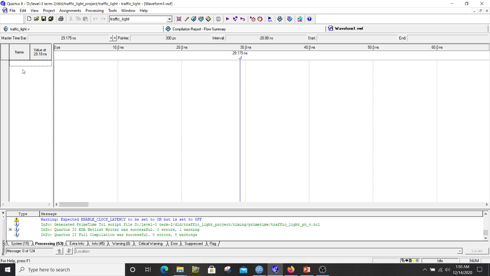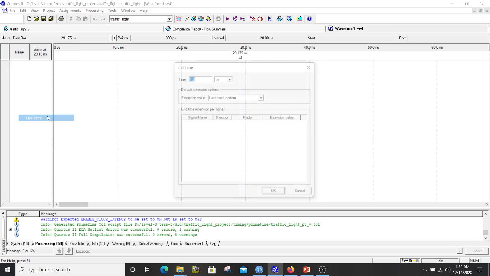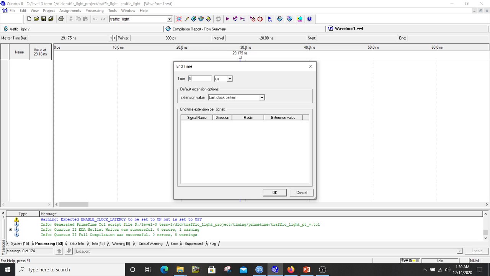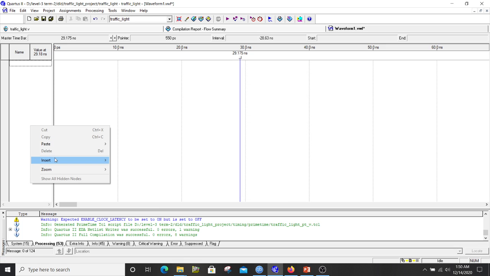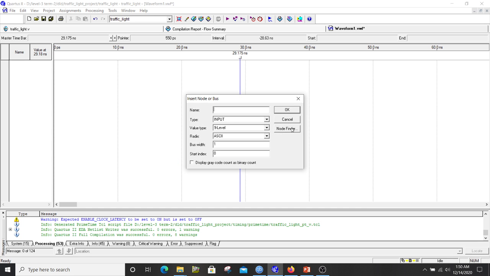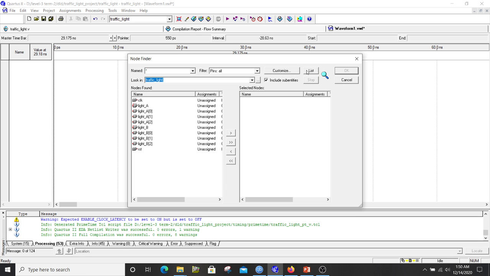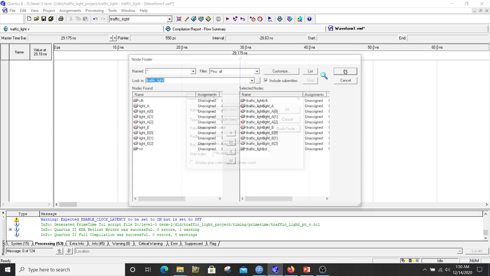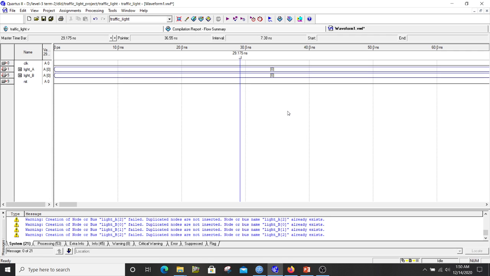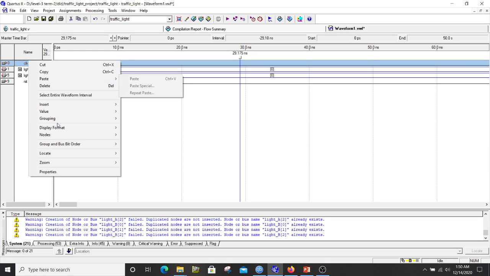So first of all, we will choose the end time to 50 seconds. We can choose more than that. Okay, so we will choose the period of the clock as 1 second, and that will make the frequency of the clock 1 hertz.